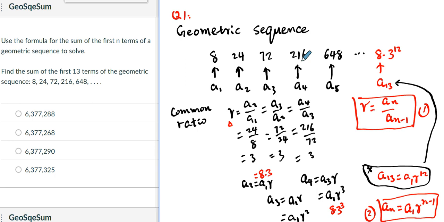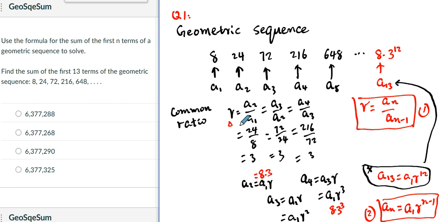So is the case for 216 divided by 72, which is 3. So this sequence is called a geometric sequence. For the geometric sequence, there is a common ratio, which is R in this case. R equals 3.